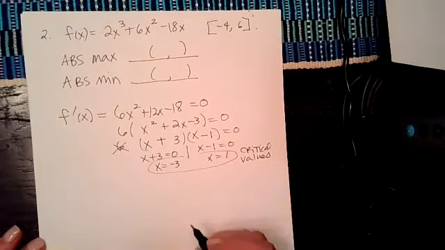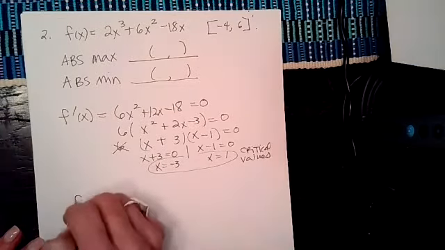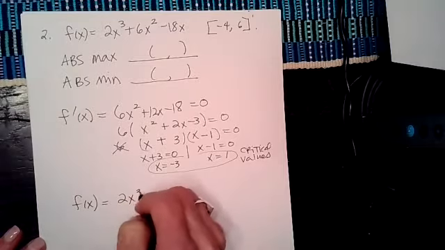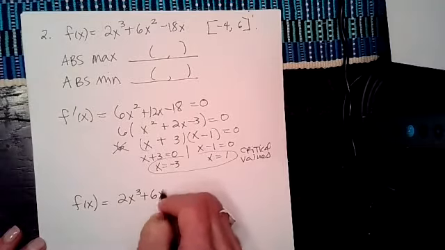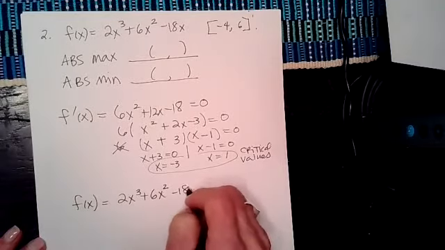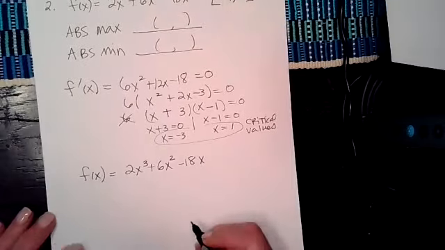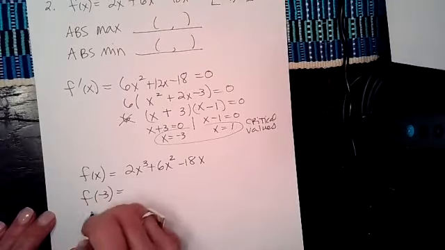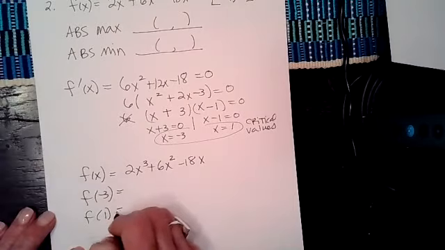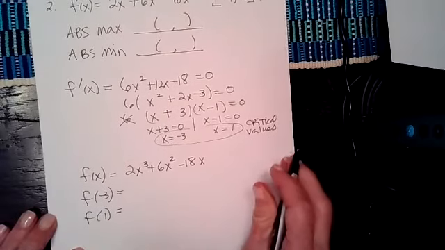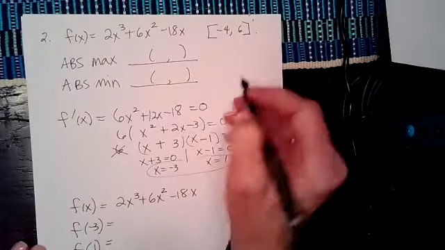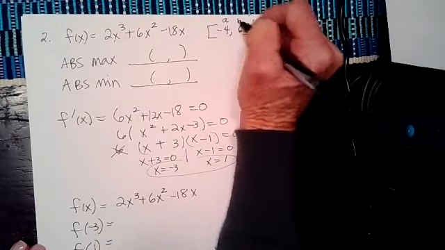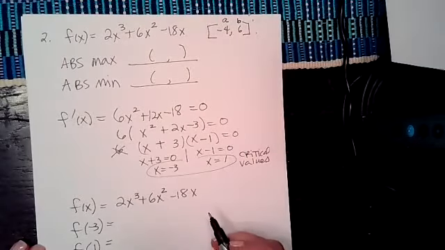Okay, and so I have to plug into my original function. I have to plug in my critical values, f of -3 and f of 1. And remember, you can also have absolute maximums at your endpoint. So this is my A and this is my B. You have to check your endpoints, okay?